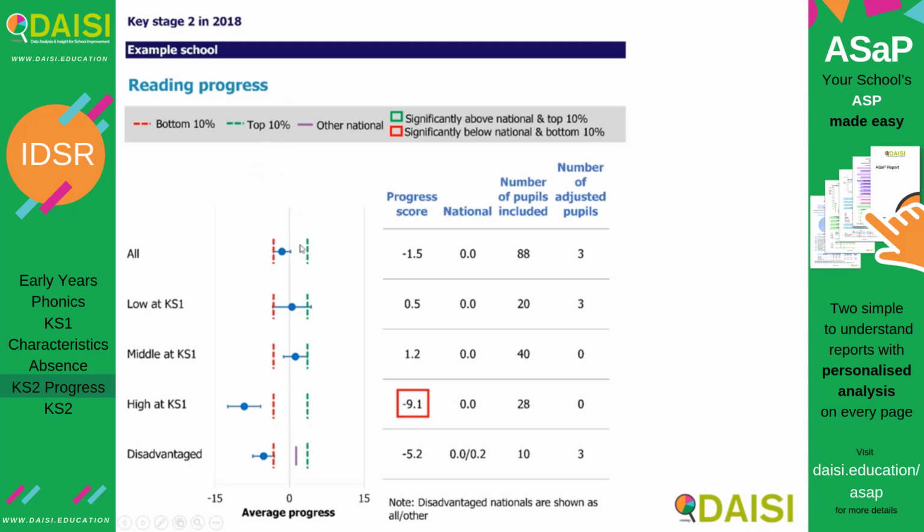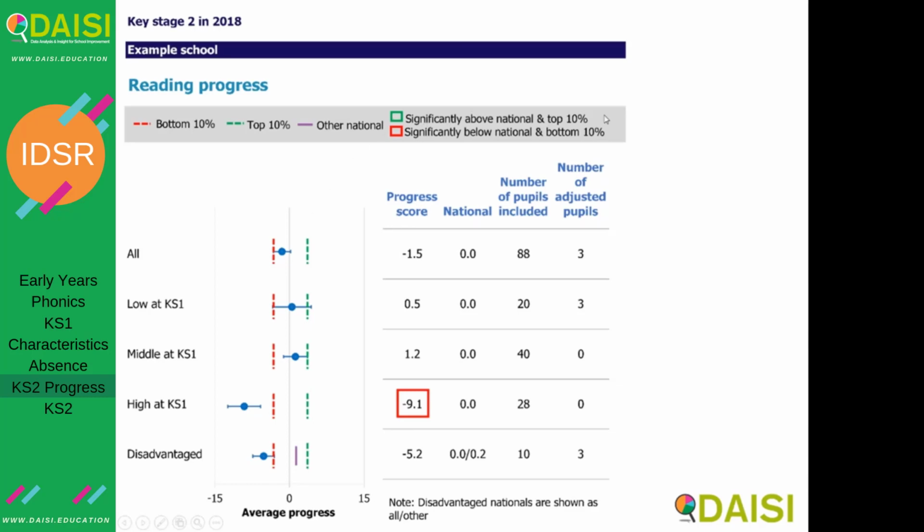If not, you're above. If the dot is to the left of this red line, which represents the bottom 10%, then you are well below. If not, you're below. So we have well below, below, above, well above, and if any part of it hits the 0 line, you are average.